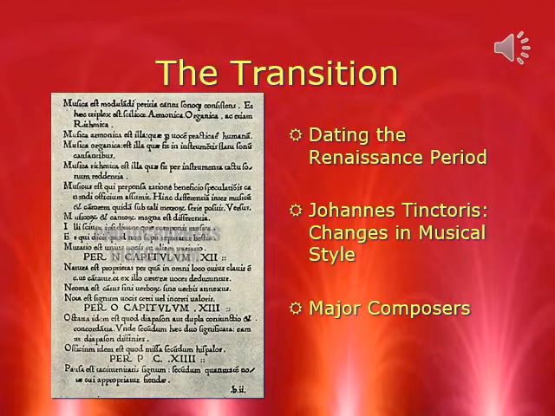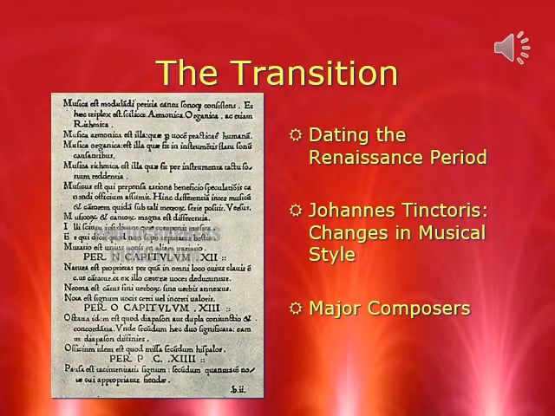The first four people that he lists are John Dunstable, whose dates are 1390 to 1453, Guillaume Dufay, 1397 to 1474, Gilles Binchois, 1400 to 1460, and Johannes Ockeghem, 1420 to 1497. So in order of oldest to youngest. What's really interesting about Johannes Tinctoris' writing is that he in fact says that music during this time, which is more than 40 years old, is pretty much not thought to have any significance or value.